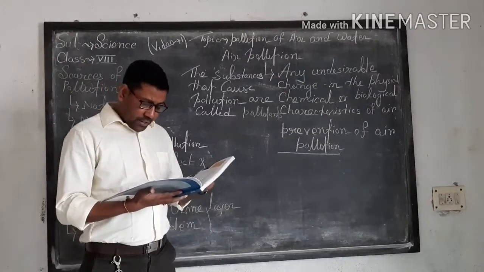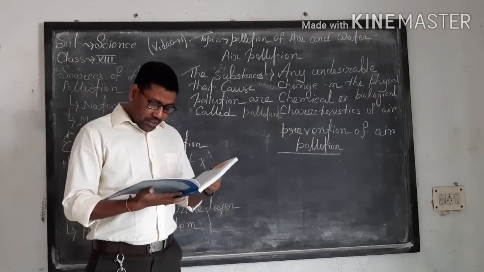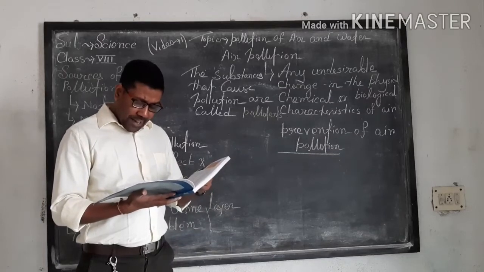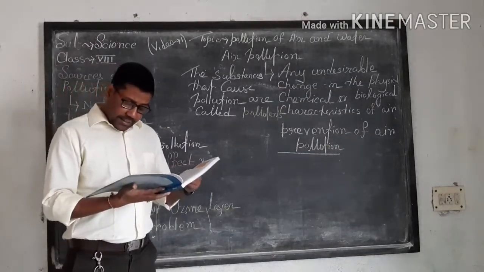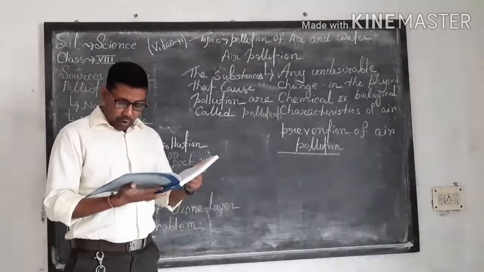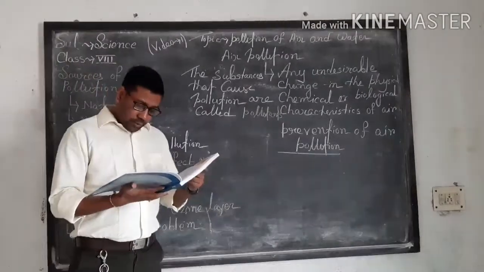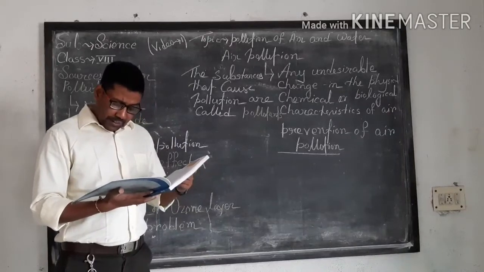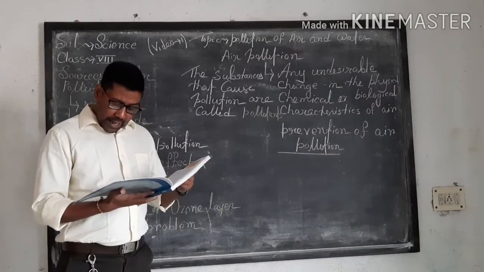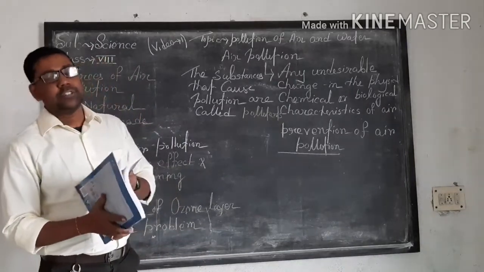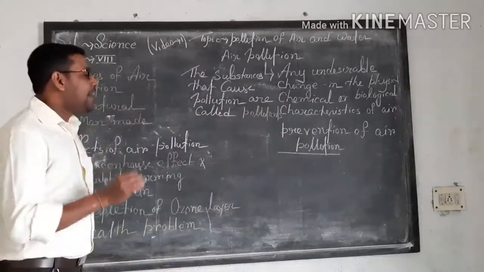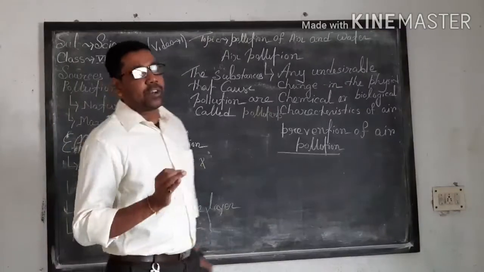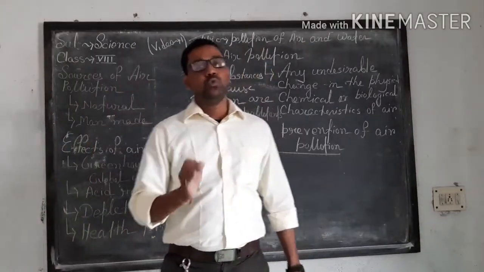It destroys vegetation by making the soil acidic, and it affects the survival of aquatic plants and animals by making the water of lakes and ponds acidic. So these are the bad effects of acid rain as well as of air pollution.